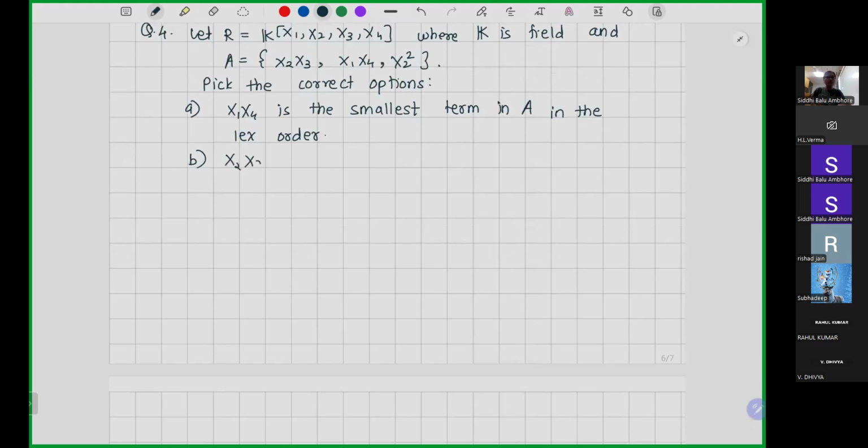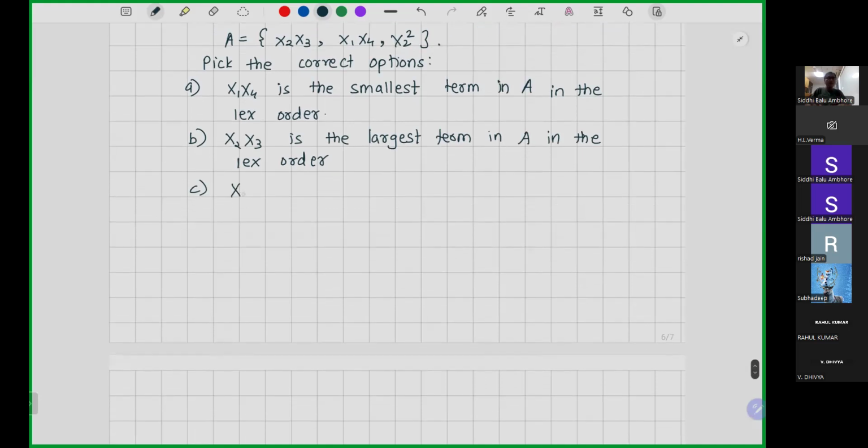And x2x3 is the largest term in, again, lex order. So they are asking about the smallest and largest term in this set A with respect to lex order. Lex order means lexicographic order.